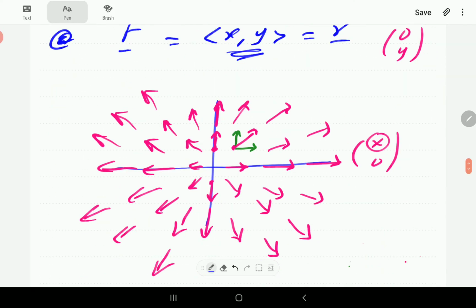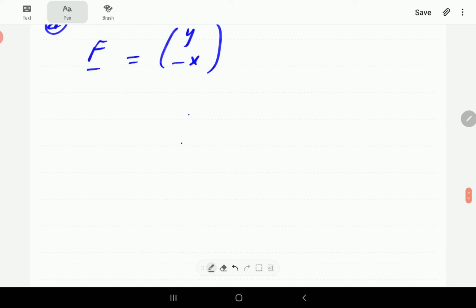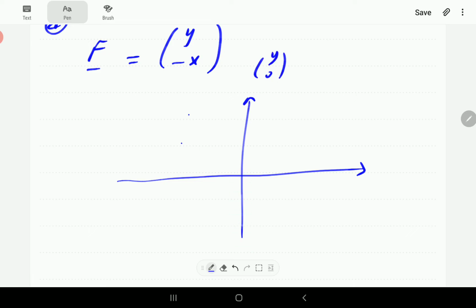Again, since it involves x and y, we're going to start our sketch along the coordinate axes. For instance, along this axis, x is 0. That means along this axis, the vector is going to be given by y, 0. And then along this axis, y is 0, so the vector will be 0, negative x.